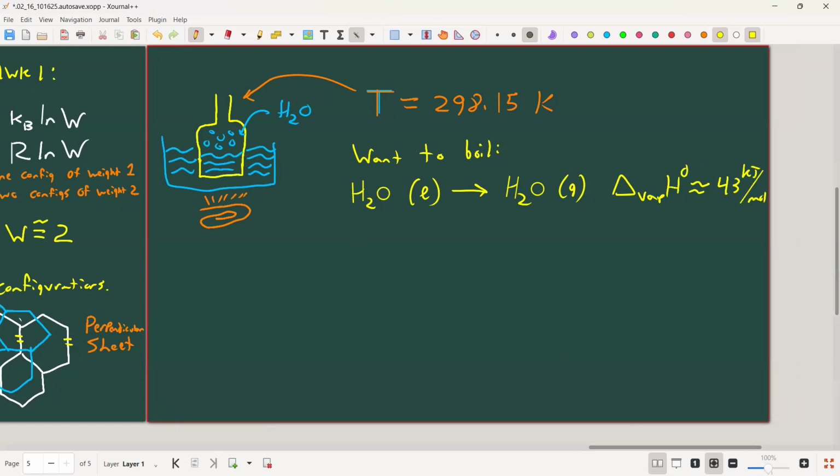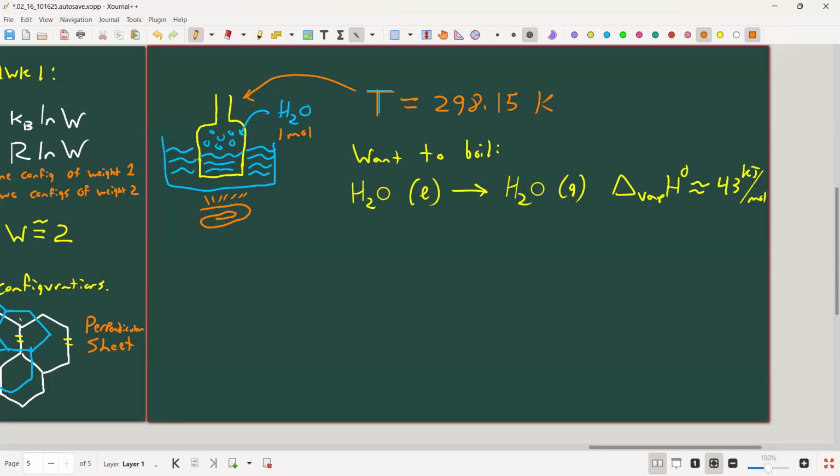Let's say I've got a mole of water in there, and I want to boil it. So how much energy do I need to put into my water? Well, if I've got a mole, I just need to put in 43 kilojoules per mole, right? So I set my heater.